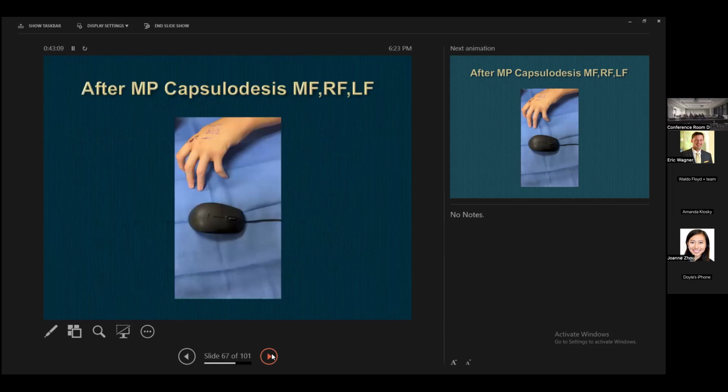So this patient was the one I showed a few minutes ago with the clawing, and her FDS were not amenable to transfer. You saw her index finger wasn't really involved. So I did a first MP arthrodesis and an EIP opposition transfer, and third, fourth, and fifth MP capsulodesis.